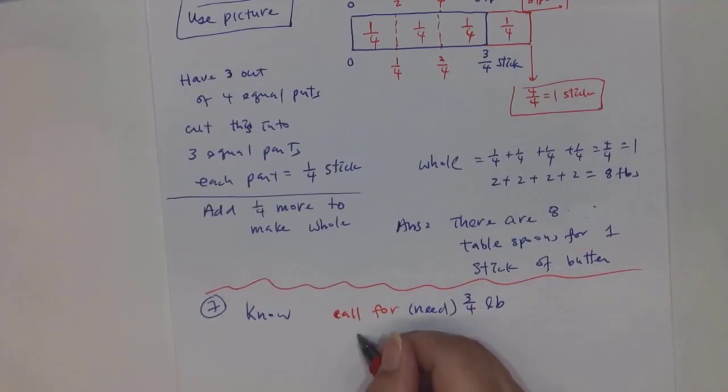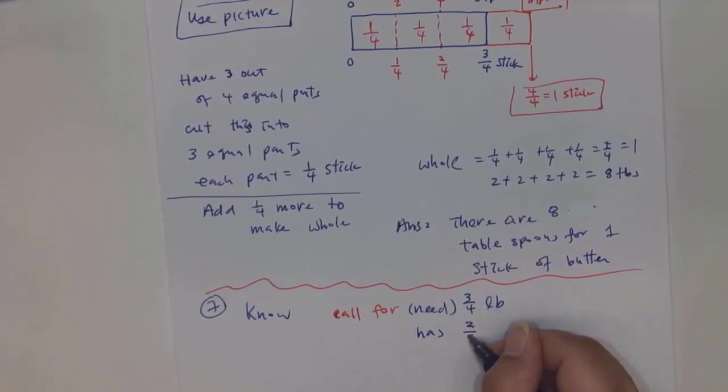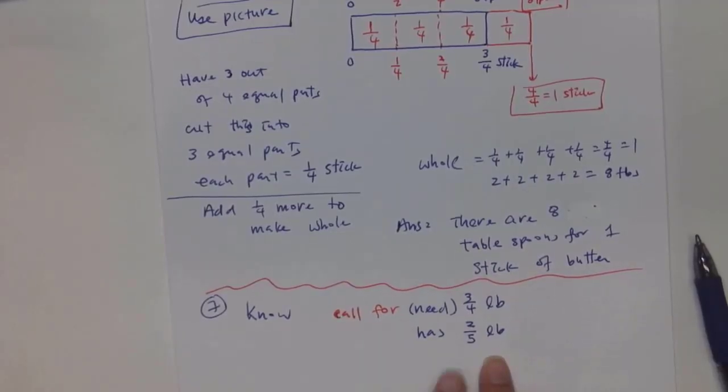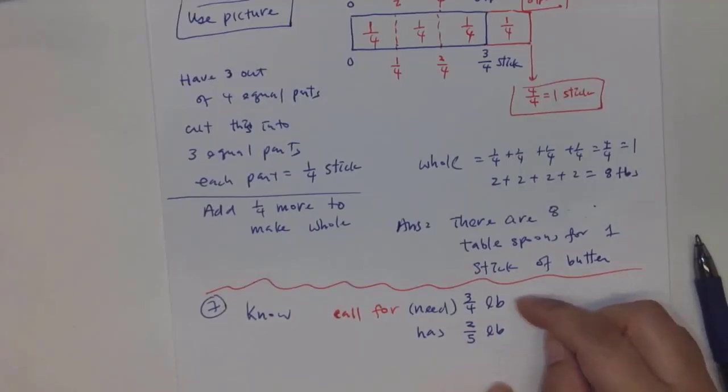And she has 2/5 of a pound. So does she have enough to make one recipe? Which fraction is bigger? The first one. How do you know the first fraction is bigger?